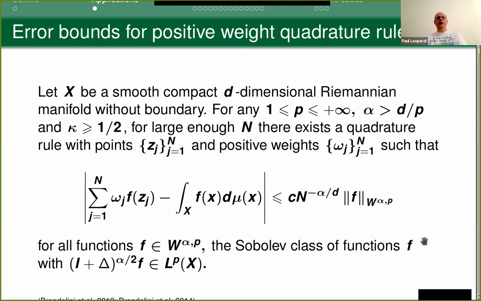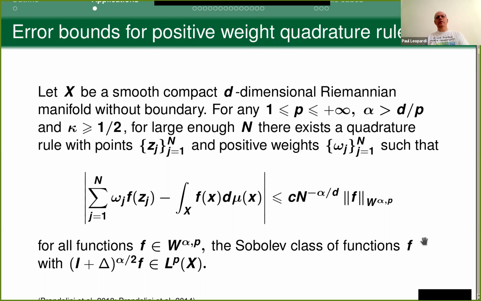The motivating result has to do with error bounds of positive weight quadrature rules on a d-dimensional Riemannian manifold without boundary, and essentially the result here has to do with bounding the error of the quadrature rule with respect to a bound which is of almost the correct order with respect to the dimension modulo this constant alpha, and the Sobolev norm with respect to that particular Sobolev class of functions.